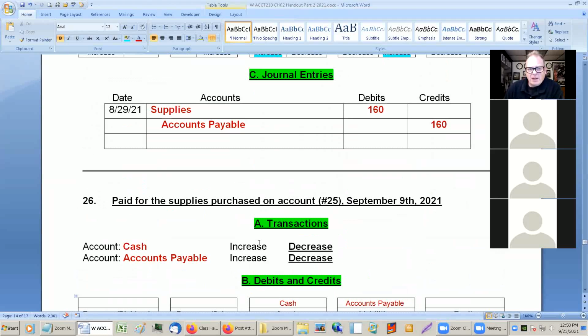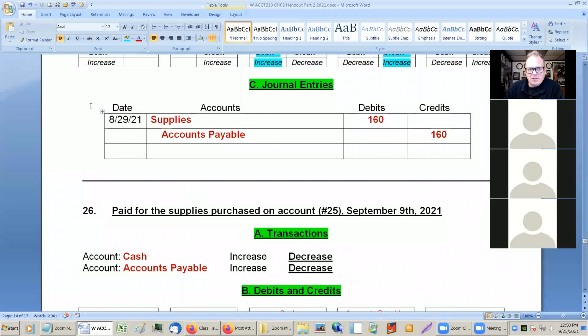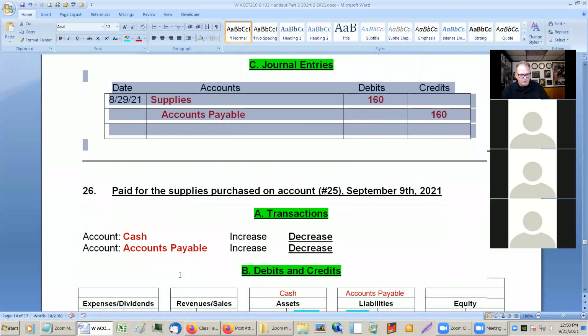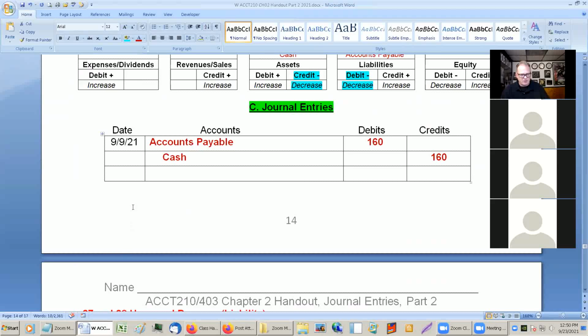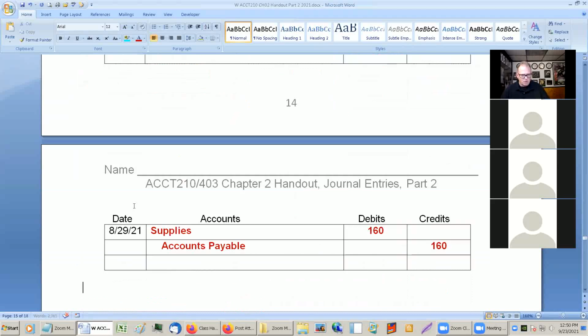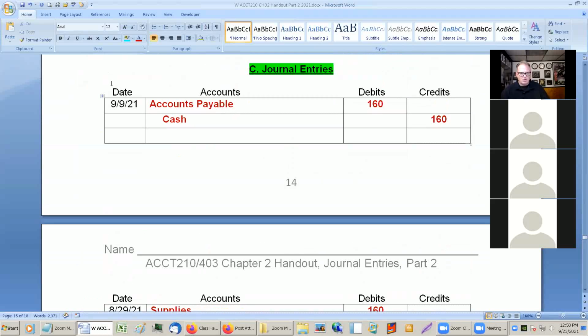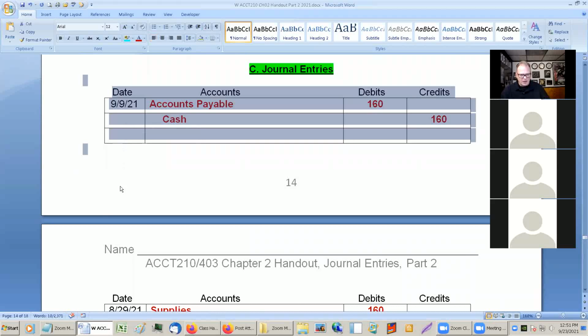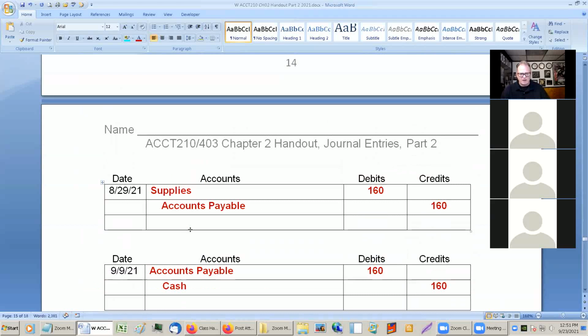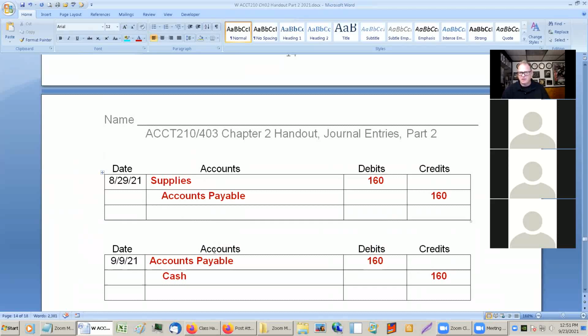But here's what I want to show you about this. If you look at the accounts payable, and this is accounts receivable too, you'll notice that it's sort of a continuation of the same transaction.